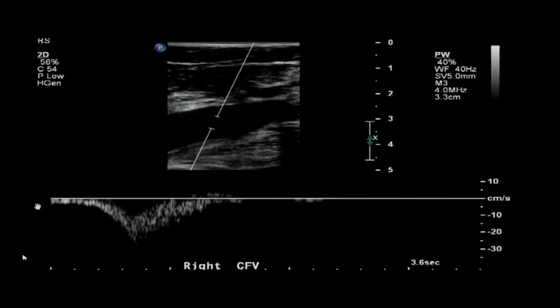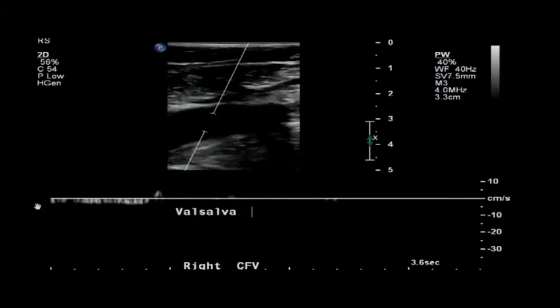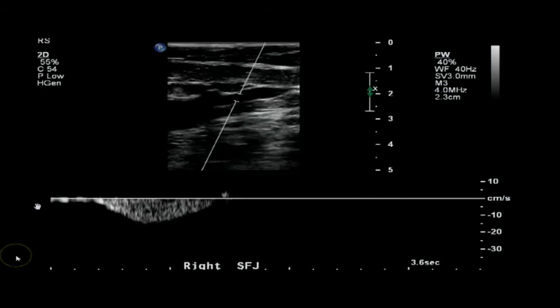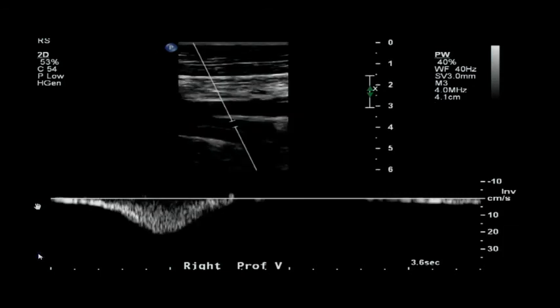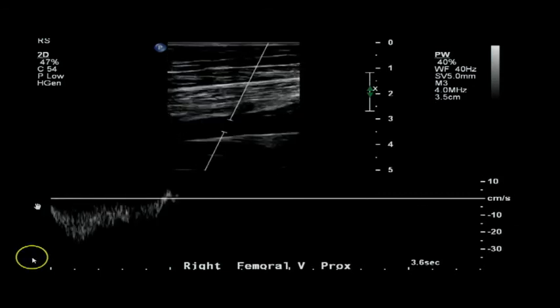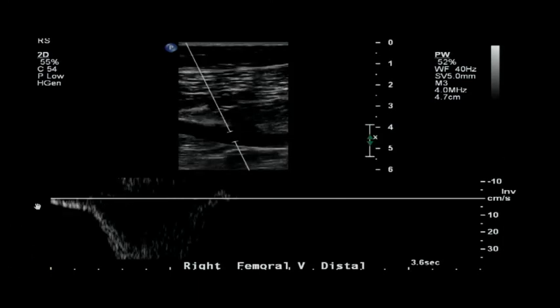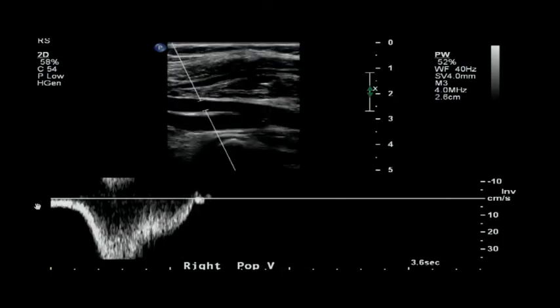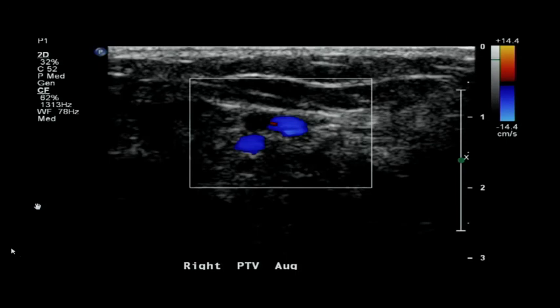As you can see here, the right common femoral, augmentation, and Valsalva appear to be completely normal, as does the augmentation for the saphenofemoral junction, profunda, femoral vein, popliteal, and calf veins.